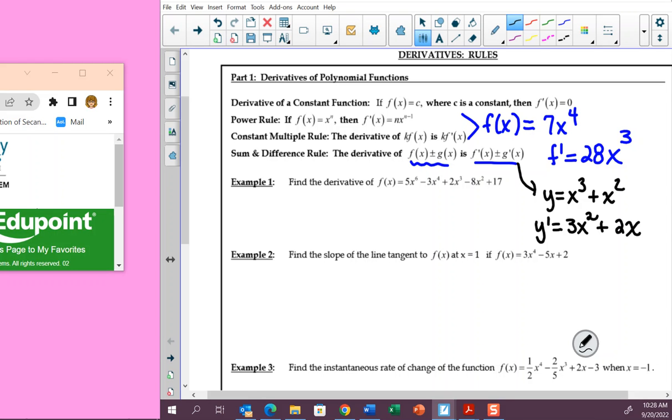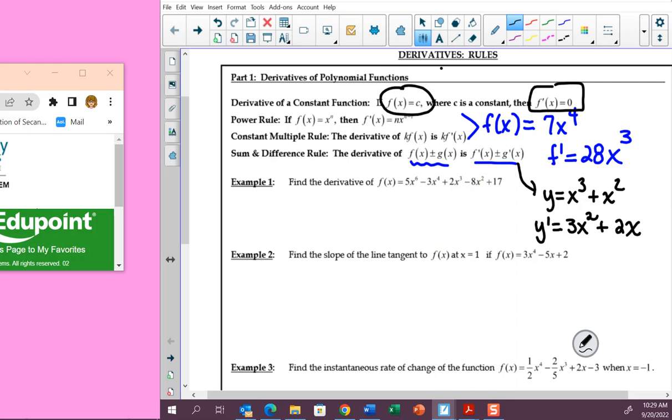Sum and difference of terms, hit the derivative on each of them. Only 2 other pieces we've got to deal with that would be weird. One is when you have a constant. If you just have a constant piece, the derivative of that constant piece is 0. That kind of makes sense if you think about it as a slope, that a derivative is just a slope.